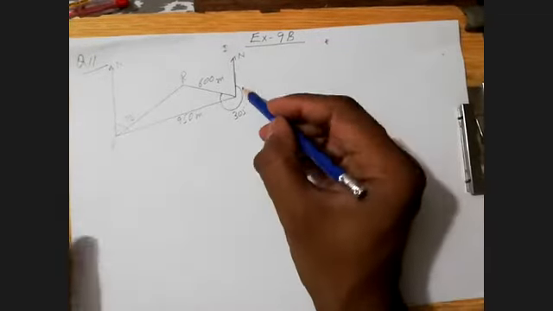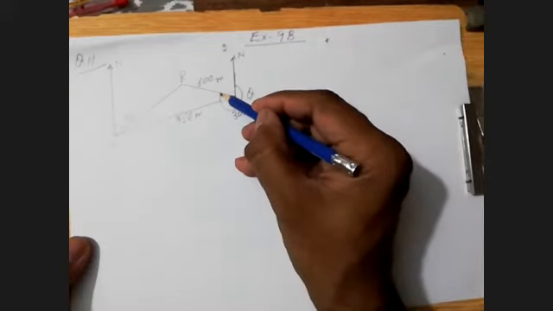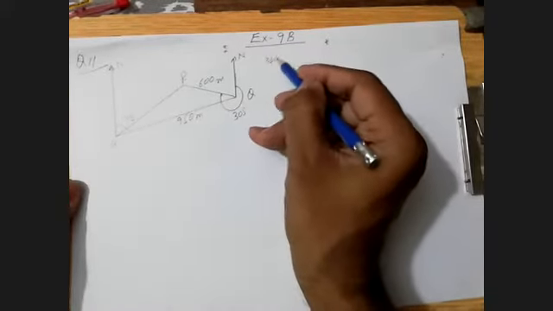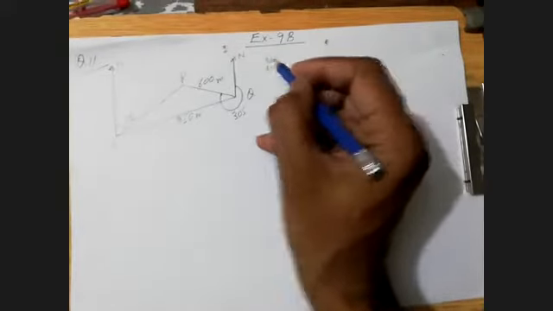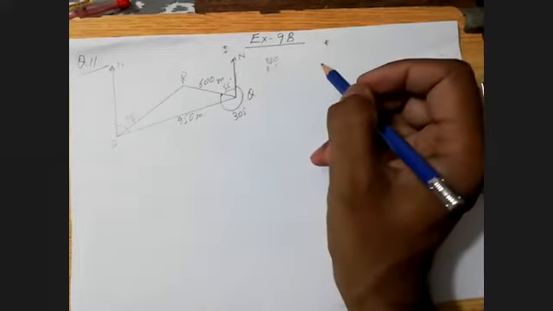First of all, you can see that this total angle starting from north is 305. So from 360, if I subtract 305, this will be 55 degrees. Okay, this is 55 degrees.